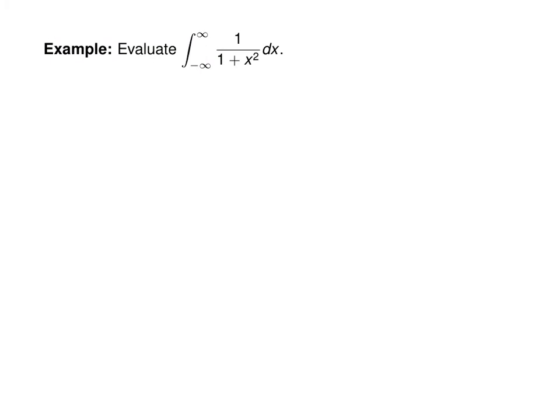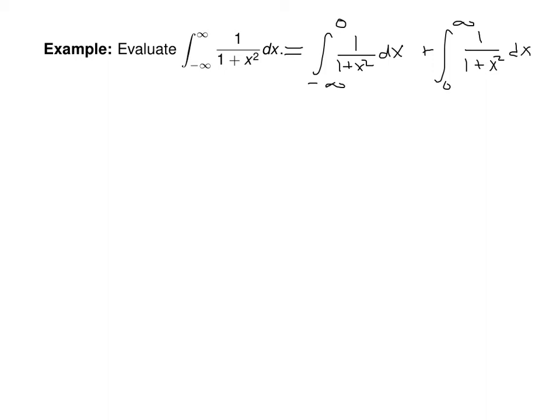Alright, next let's find a value of an integral where both the bounds are infinite. So first, let's break this up into the integral from minus infinity to 0 of 1 over 1 plus x squared dx, plus the integral from 0 to infinity of 1 over 1 plus x squared dx.